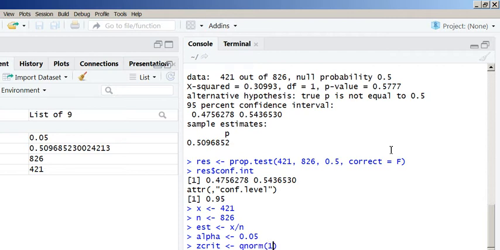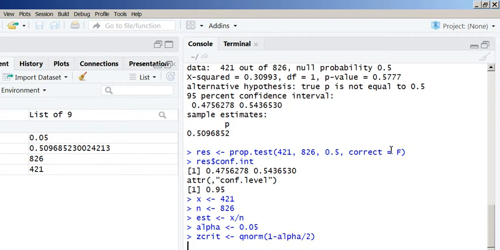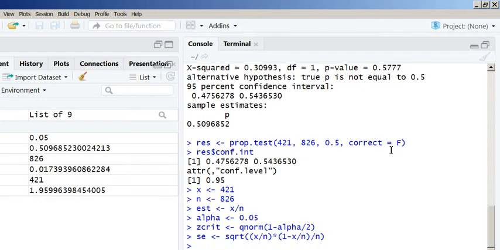Okay, and what we're putting from normal distribution, 1 minus alpha over 2, and the standard error is computed using the square root of x over n times 1 minus x over n divided by n, and the lower limit then is computed just as the estimate minus the z critical times the standard error.